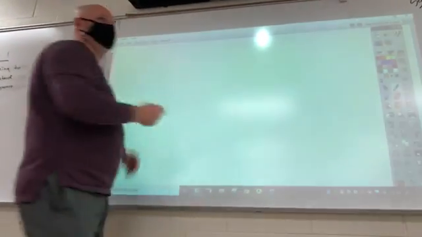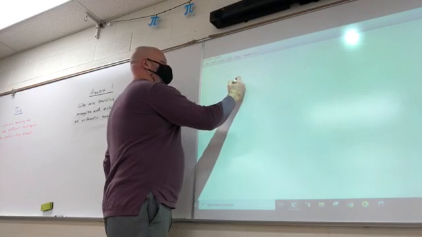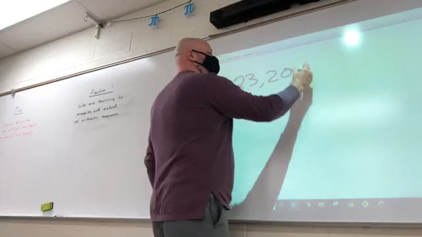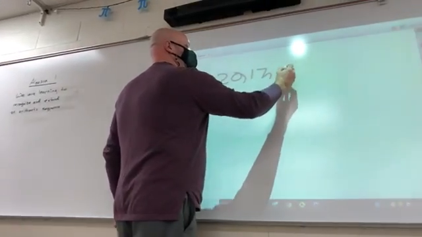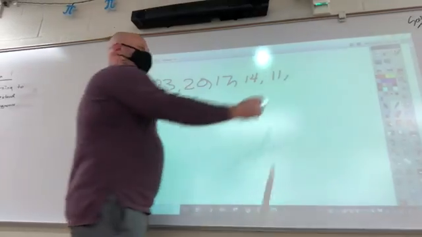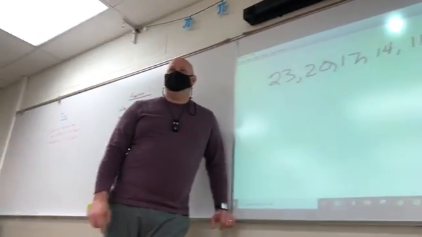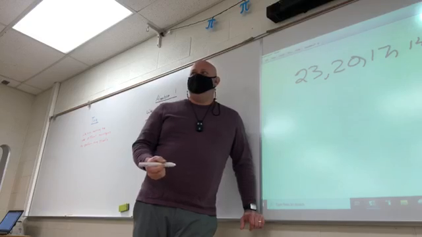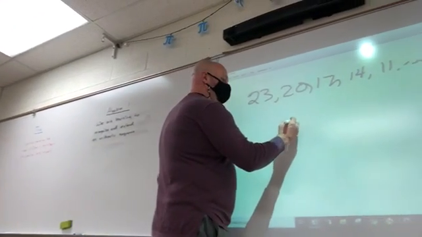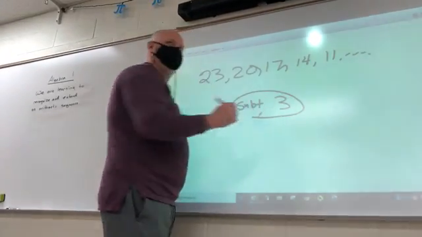can you then have a sequence of numbers that goes like this? Would this be an arithmetic sequence? What's the pattern? It's going down by 3. Most people would say we are subtracting 3, right?